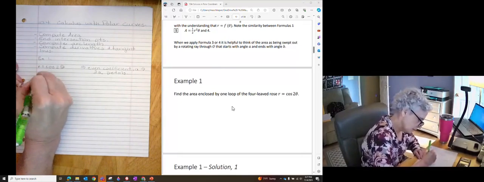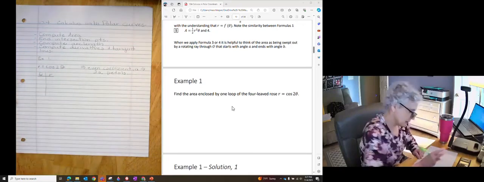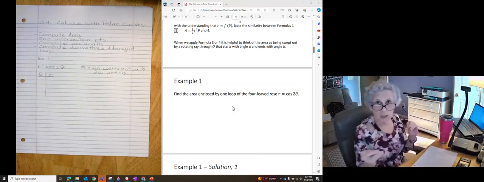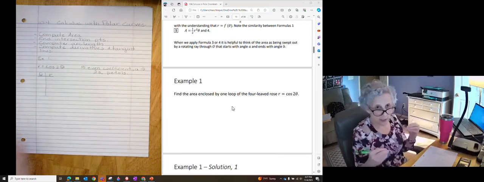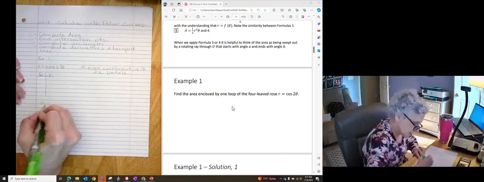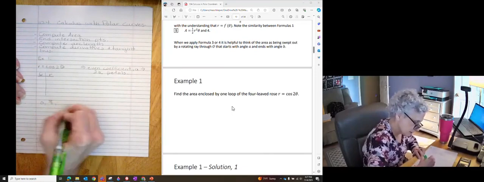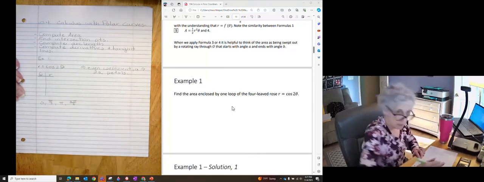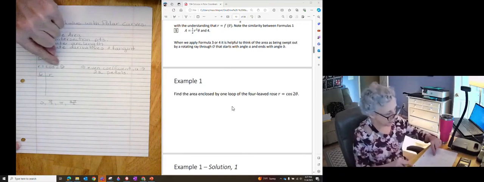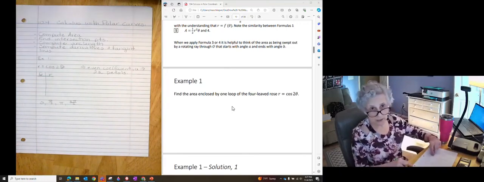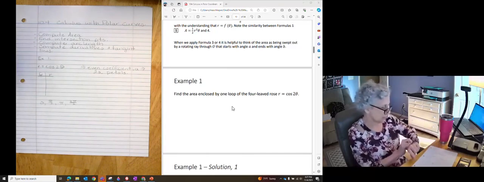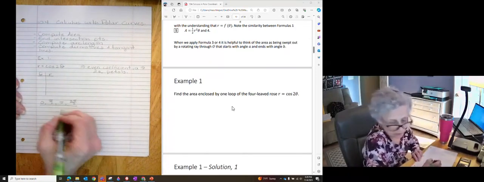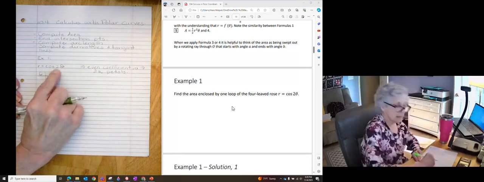I make a column for theta and a column for r. Now, my norm when I'm creating a polar graph is to look at 0, pi halves, pi, and 3 pi halves. But I have this coefficient sitting next to theta. When I have a coefficient sitting next to theta, I take my big 4, which is what I call them, and divide them by this number.